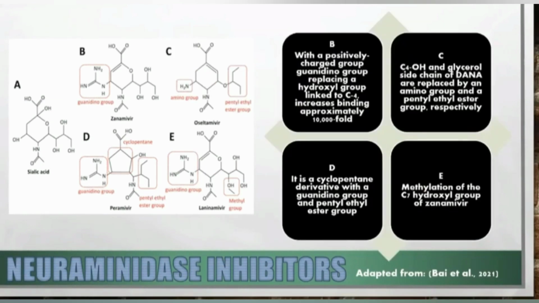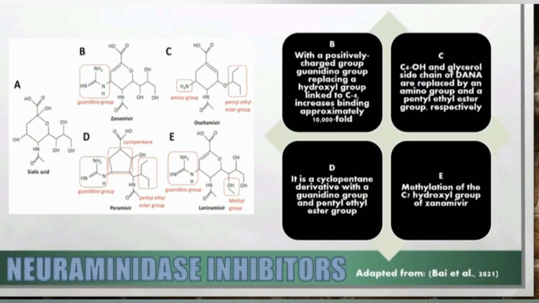Zanamivir has a positively charged guanidino group replacing the hydroxyl group that is linked to C4. It increased the binding to neuraminidase approximately 10,000-fold as compared to sialic acid. For oseltamivir, the C4 hydroxyl and glycerol side chain of DANA are replaced by an amino group and a pentyl ether group respectively.